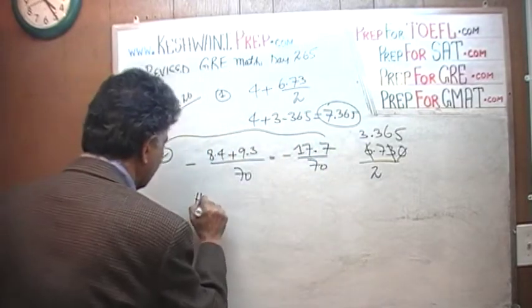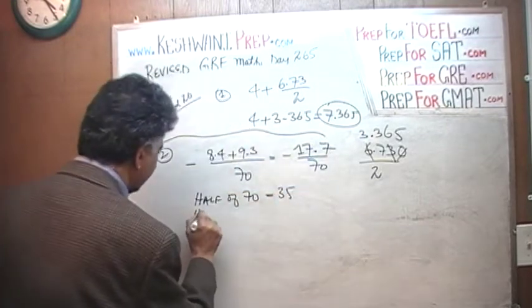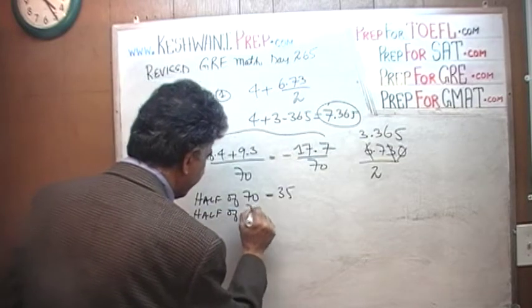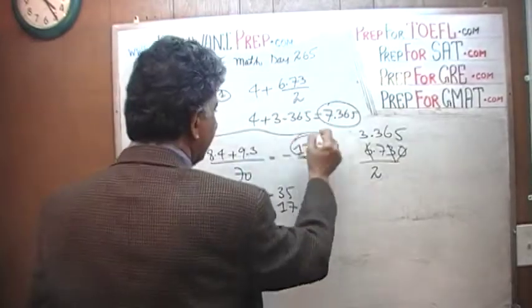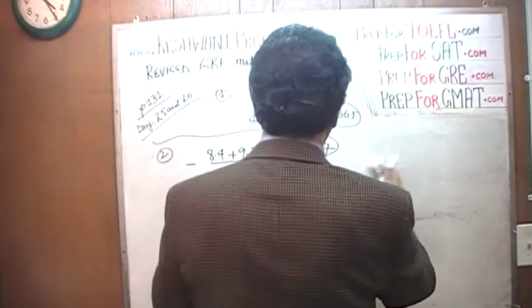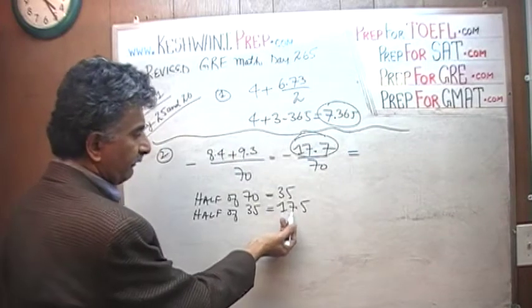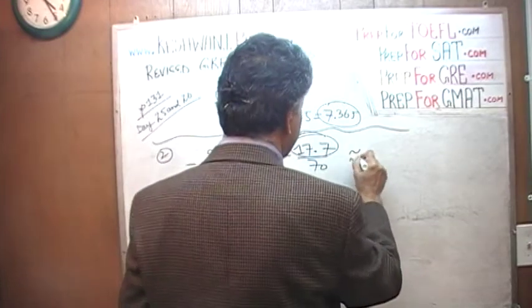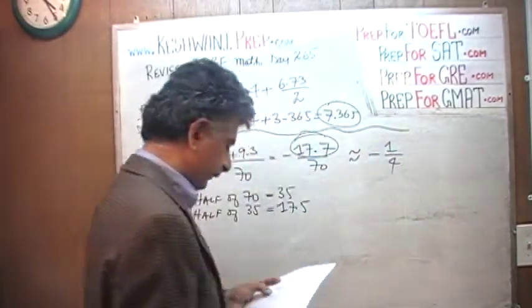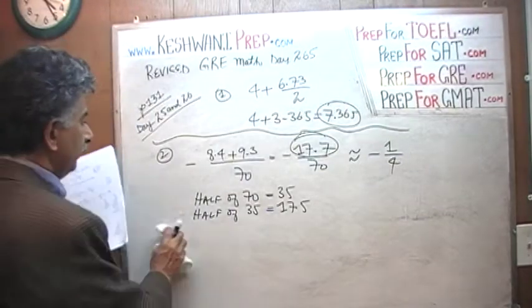We know half of 70 is 35, and we also know that half of 35 is 17.5. This is 17.7. Therefore, because 1/4 is 17.5, this quantity that we're looking at is approximately equal to negative 1/4. That's it. That's all you need in the real exam. We're done with number 2. Let's do number 3.